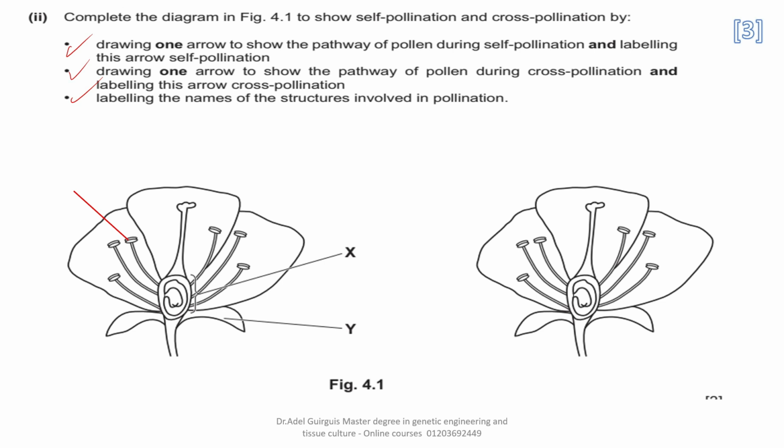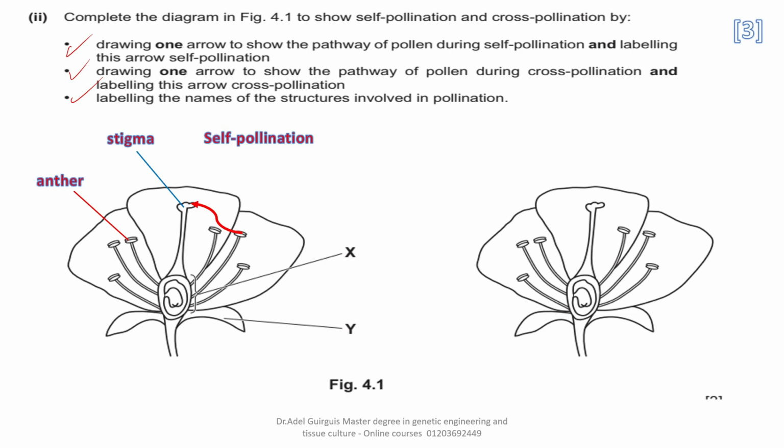The anther is the male reproductive organ where meiosis takes place to produce pollen grains. Here the stigma receives pollen grains during pollination. From the anther to the stigma of the same flower means self-pollination.